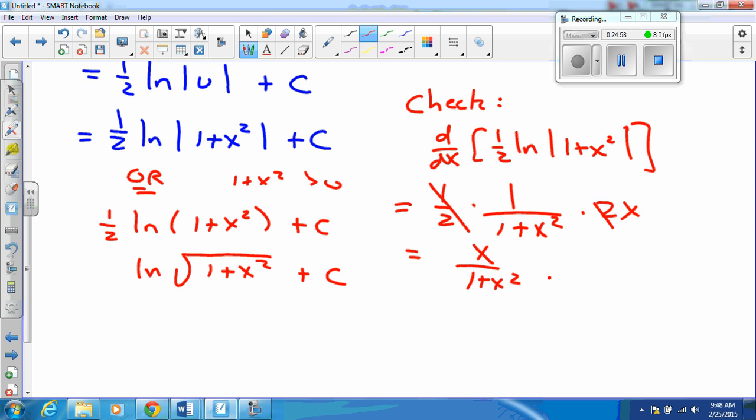And so you might see the answer rewritten like this. When you see that sort of thing, don't freak out. Just think to yourself, did log properties happen here? And just do a quick check to see that your answer and the answer that's given are the same. Does that make sense?